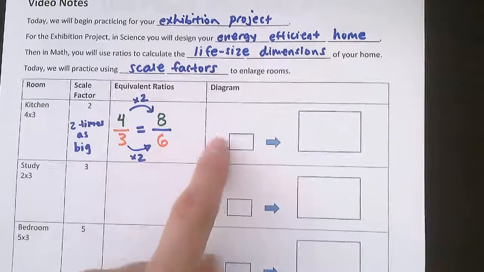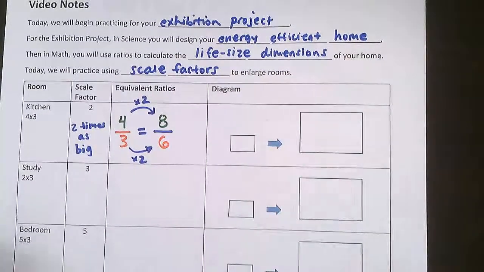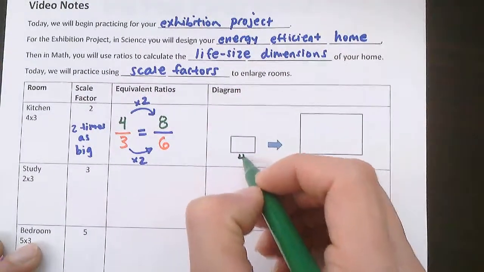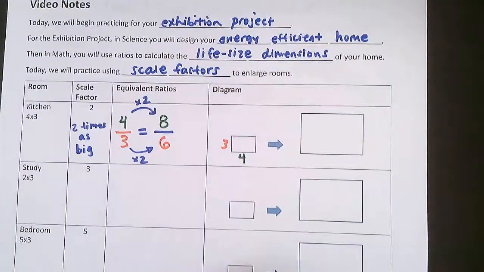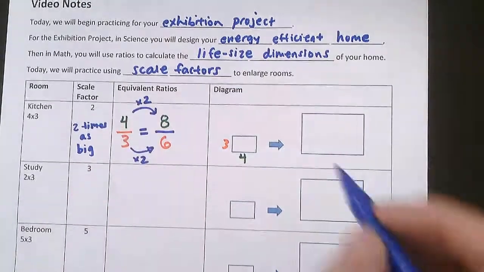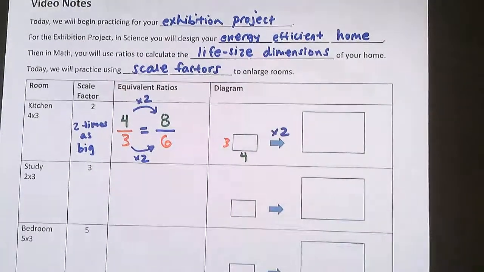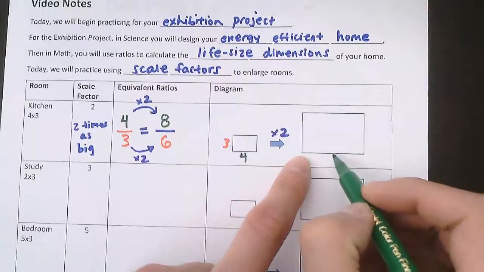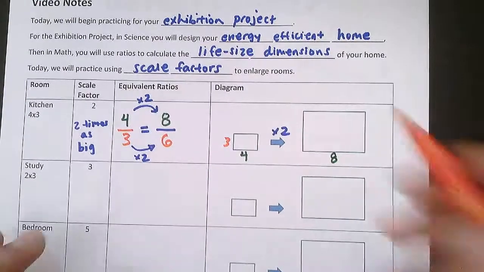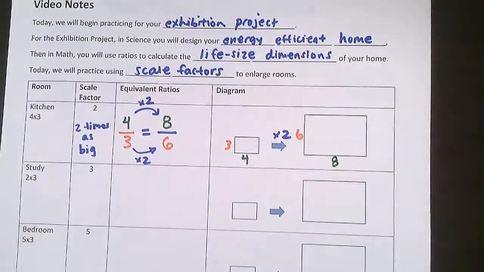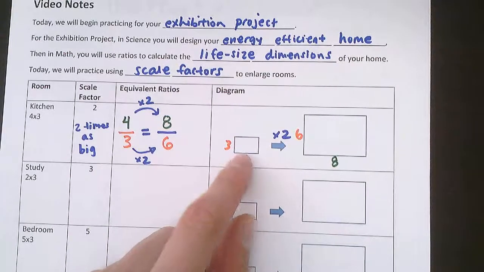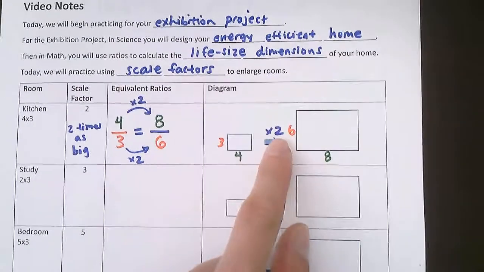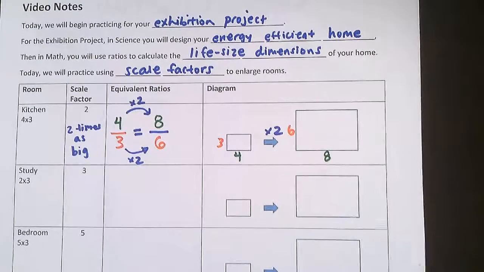And so what we're doing is we're taking a smaller diagram that was 4 by 3, and we're using a scale factor of 2, and now it's 8 by 6. So we enlarged our diagram that was originally 4 by 3, made it bigger by a scale factor of 2, and now it's 8 by 6.